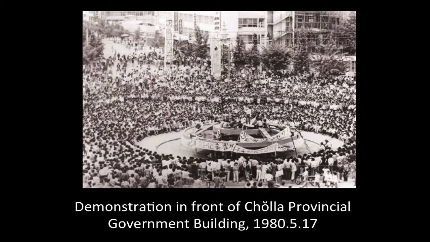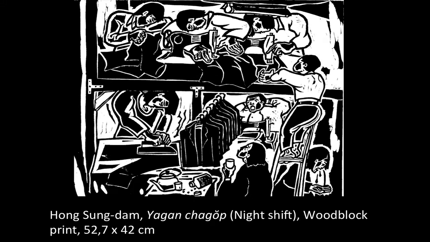What did Minjung artists criticize in particular? They criticized the exploitation of the workers. For example, Hong Song-dam's expressionist work Night Shift shows the working conditions in a clothing factory. Workers hunched over sewing machines as though they were cooped up in cages.